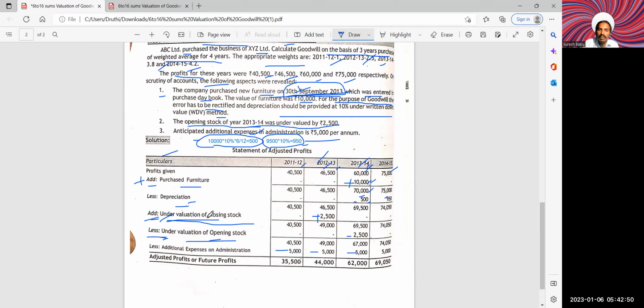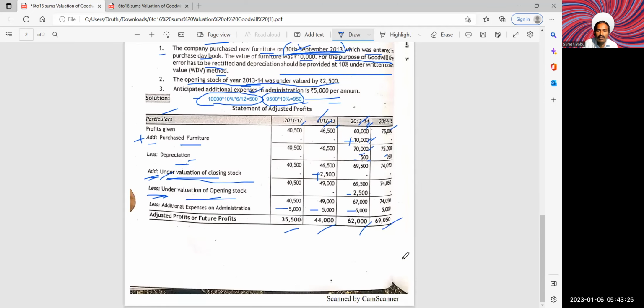Overvaluation of closing stock is subtracted, overvaluation of opening stock in the next year is added, but here you see the reverse. Next, anticipated additional expenses 5,000. Now you get 35,500, 44,000, 62,000, 69,050.